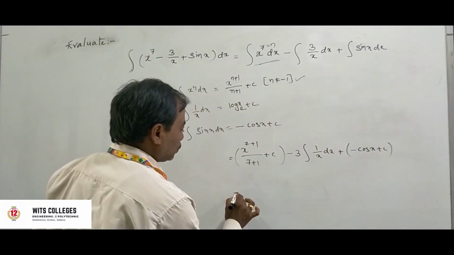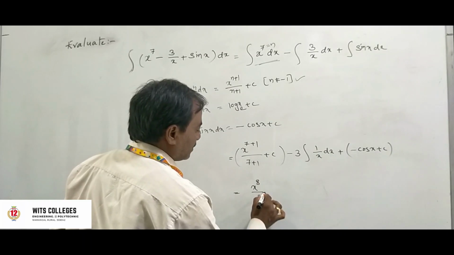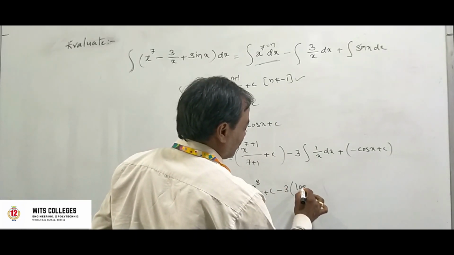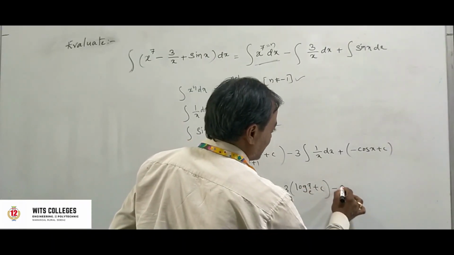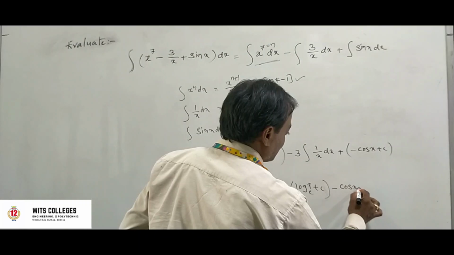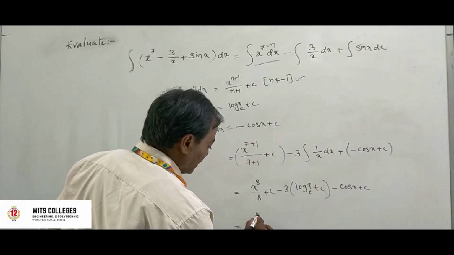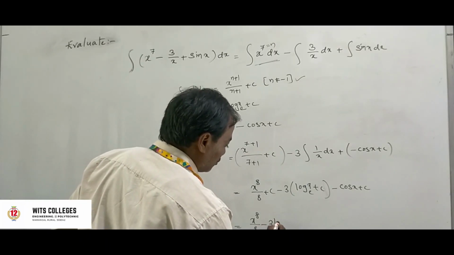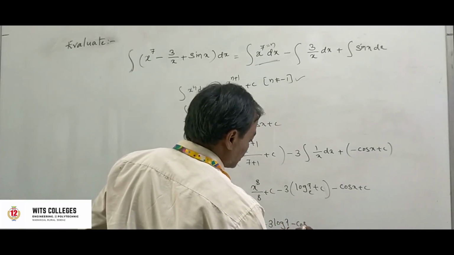This is equal to x to the power of 8 by 8 plus c, minus 3 of log x to the base e plus c, minus cos x plus c. And this is equal to x to the power of 8 by 8 minus 3 log x to the base e minus cos x.